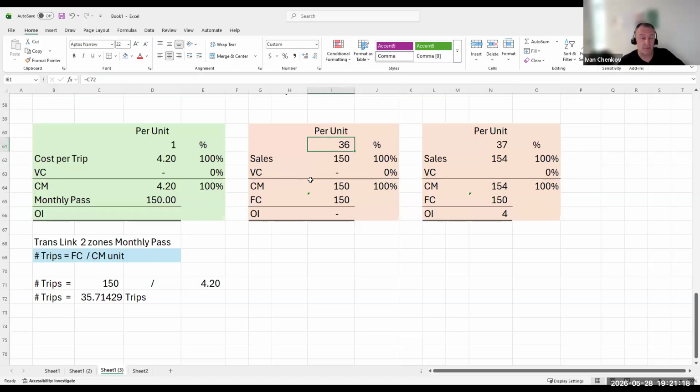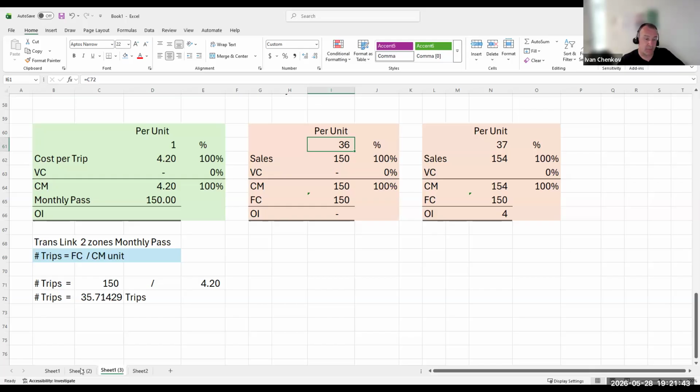If you used the Compass card 36 times, you're justifying the cost of the monthly pass. If you're using the SkyTrain less than 36 times, then you're losing money. That's another application of the break-even analysis for number of units.